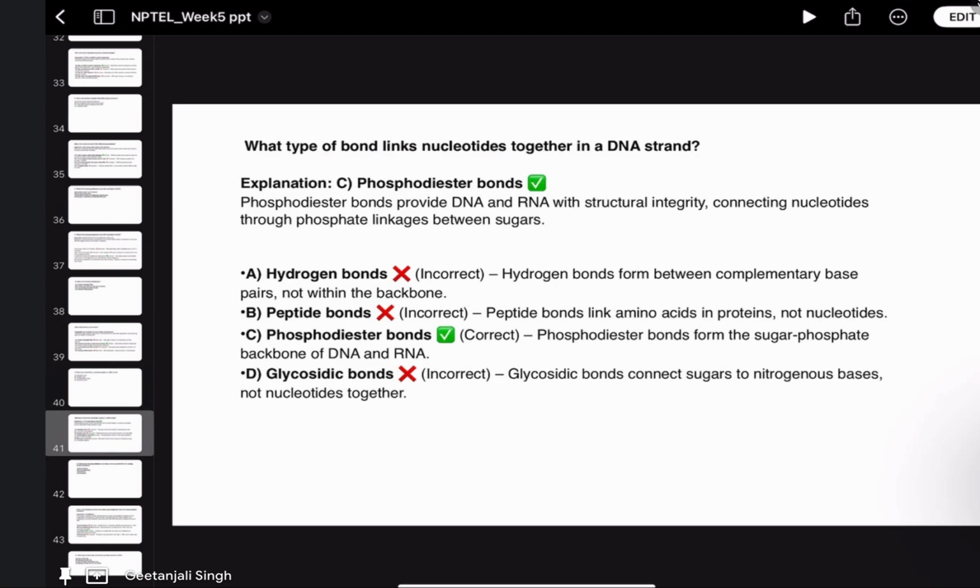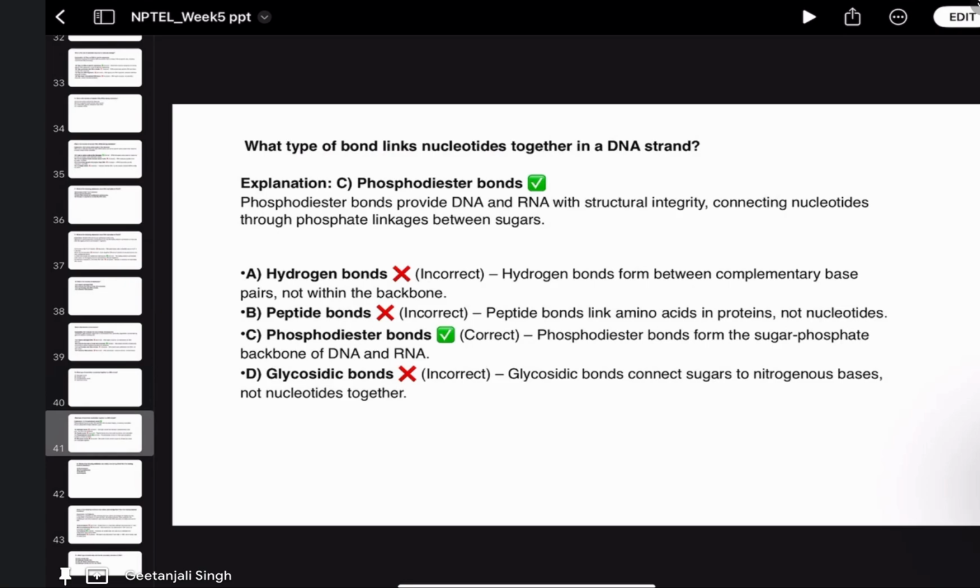This is basically how the backbone of the DNA is made. They provide structural integrity to the structure of DNA and RNA by connecting nucleotides through phosphate linkages.